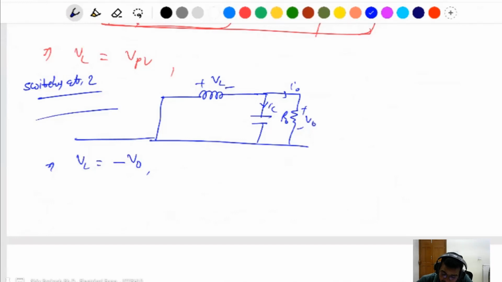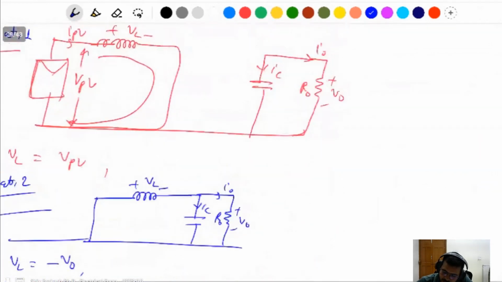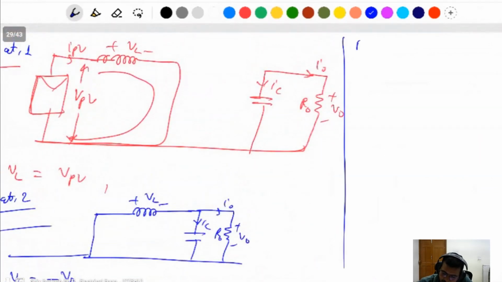Then apply the volt-second balance equation. By the volt-second balance equation, the average inductor voltage is 0.